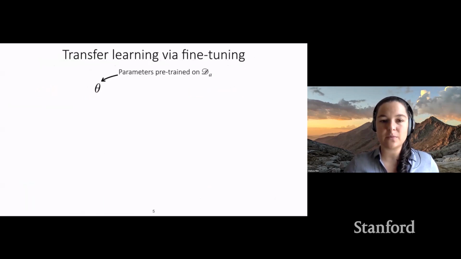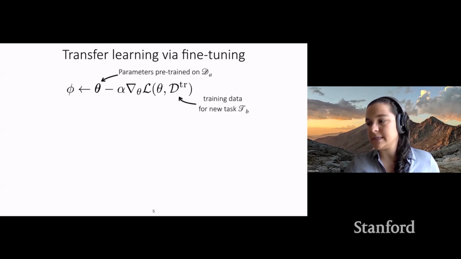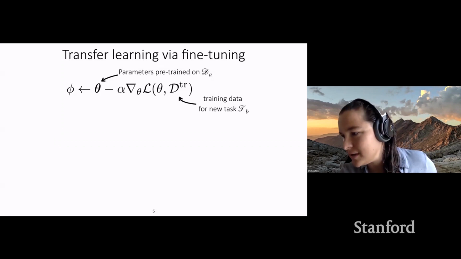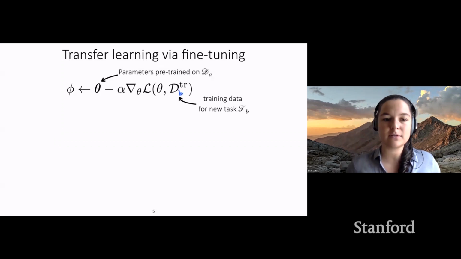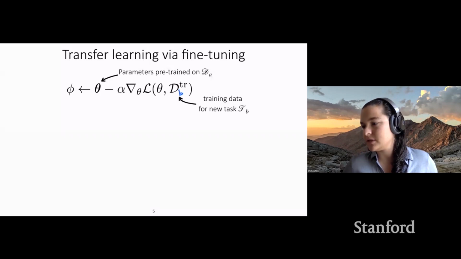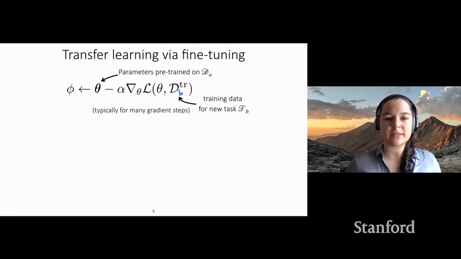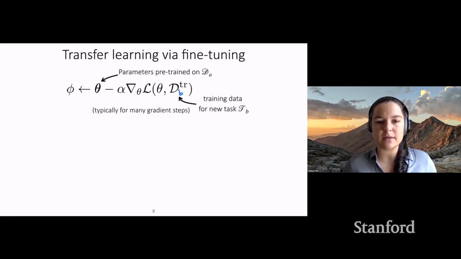The way that fine-tuning works is you assume that you have some set of parameters that are pre-trained on a source data set DA, and then you run gradient descent using the training data for the new task B. And typically you don't just run one gradient step, you run many gradient steps on this new data set.